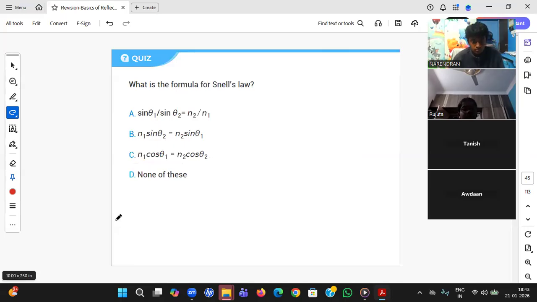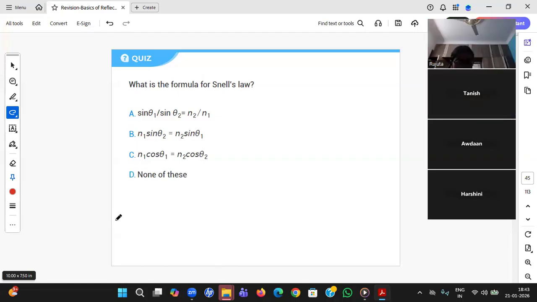Right, what is the formula for Snell's law? Take some time, you have just learned Snell's law. So write what you know first, then check which parameters he is taking. You see, he has not taken mu2, mu1. He has taken n2, n1. That you can just correlate. He has not taken i and r. He has taken theta 1, theta 2. That you can correlate. First, write what Snell's law is according to you. Then check what the right answer is.